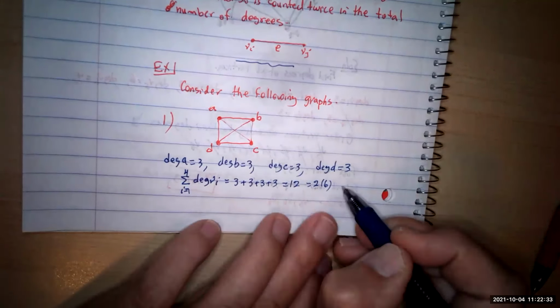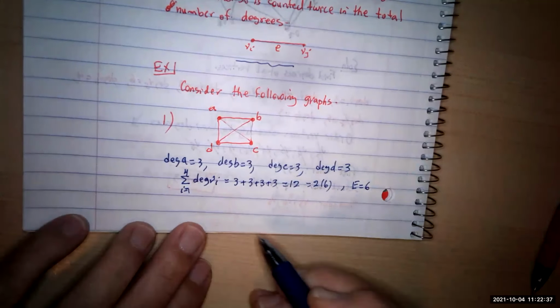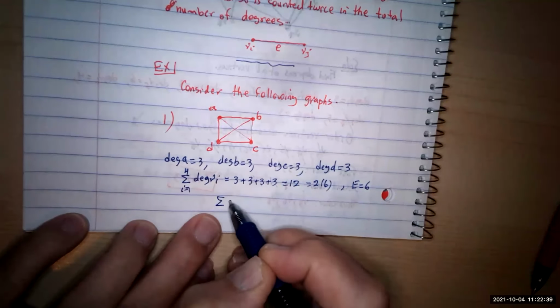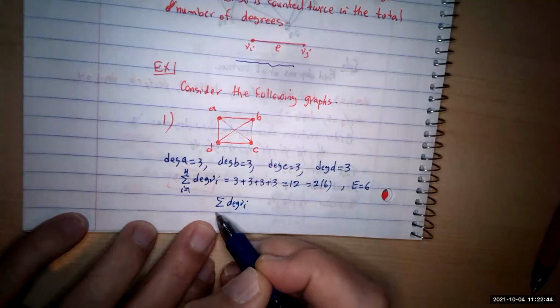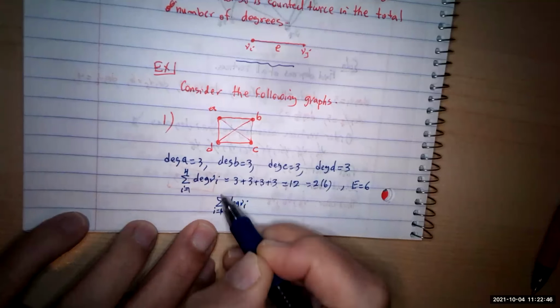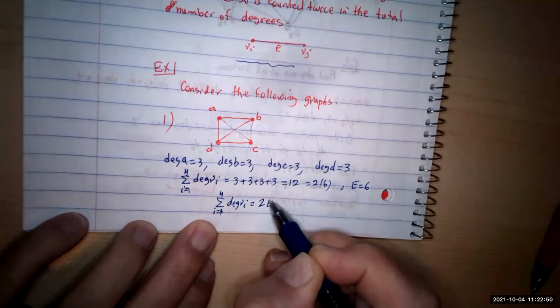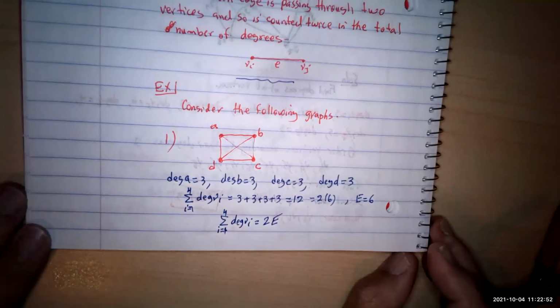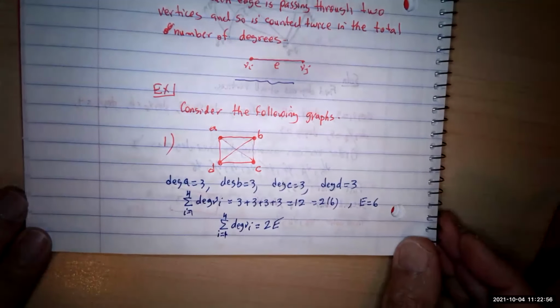So E, the total number of the edges, is equal to 6. So the sum of the degrees of the Vi, i from 1 to 4, is going to be 2E, just to get the confirmation. Okay, any question?